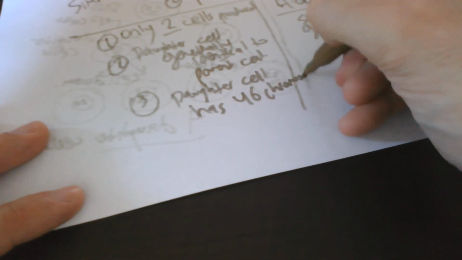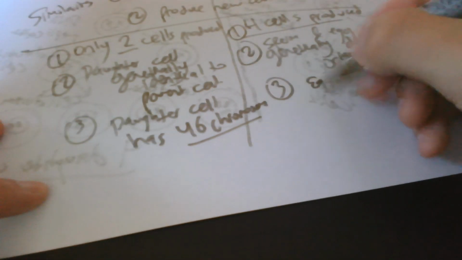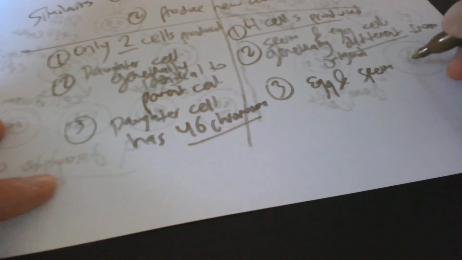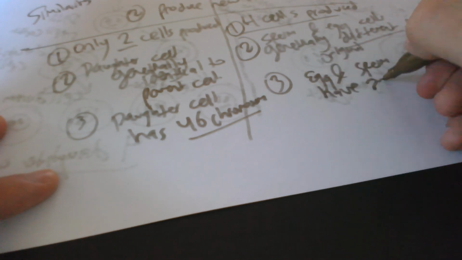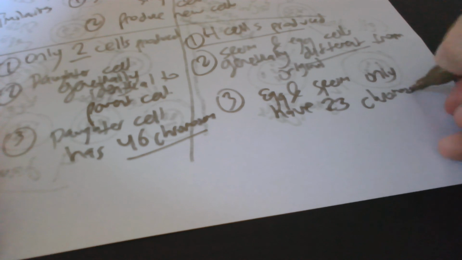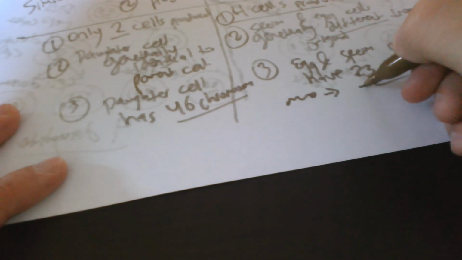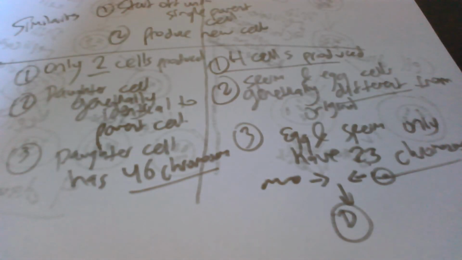So that's one difference. Two differences. The third difference is that the daughter cell in mitosis has 46 chromosomes. Remember that magic number, 46? Whereas in meiosis, the egg and sperm only have 23 chromosomes each. Why do they have 23? Well, it makes sense because 23 plus 23 is, lo and behold, 46. Okay? So the egg and the sperm come together to give a daughter cell. And that's basically mitosis and meiosis.